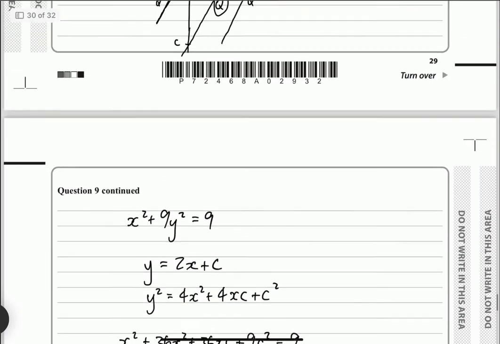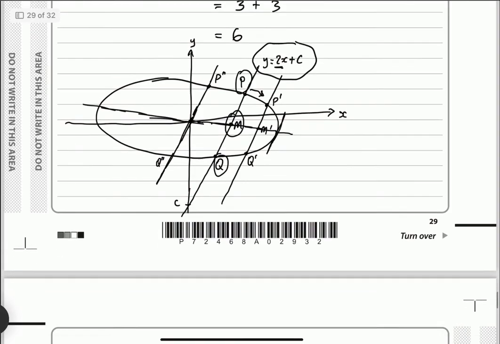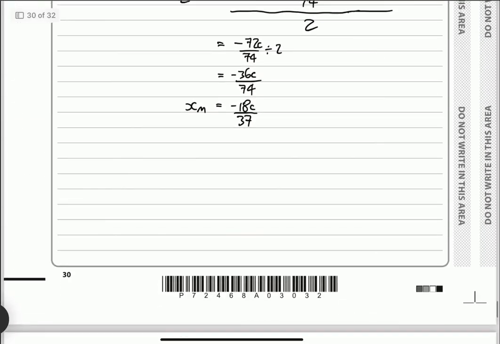And now we know also that M must lie on this line, y is equal to 2x plus c, so we can find the y-coordinate of M by doing 2 times the x-coordinate plus c, putting this in here, minus 36c over 37 plus c is c over 37.